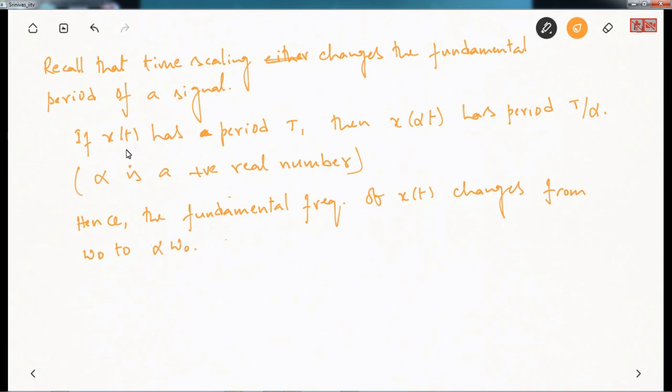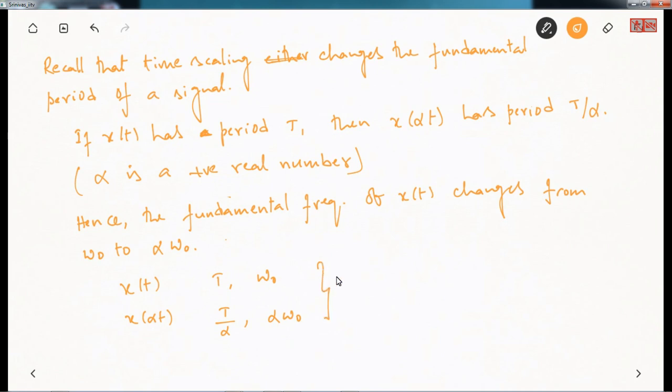I mean the same, but the wording was not correct. So say if x of t has period T and fundamental frequency omega naught, x of alpha t will have period T by alpha and fundamental frequency alpha omega naught. So this is what I'm trying to say.